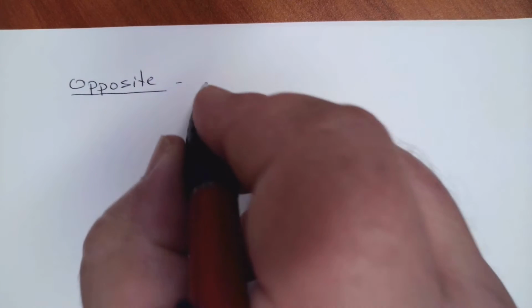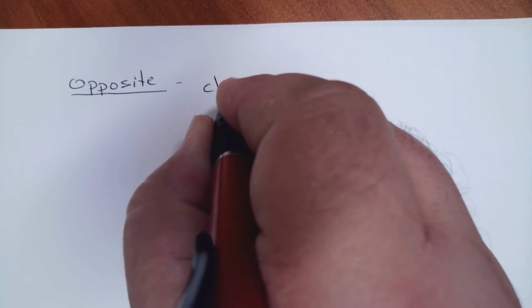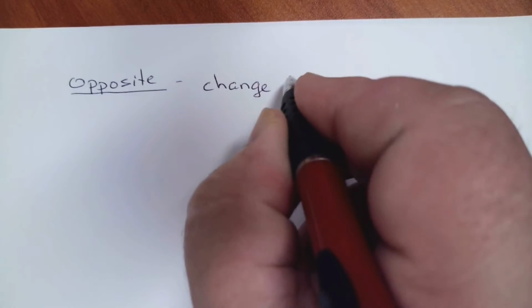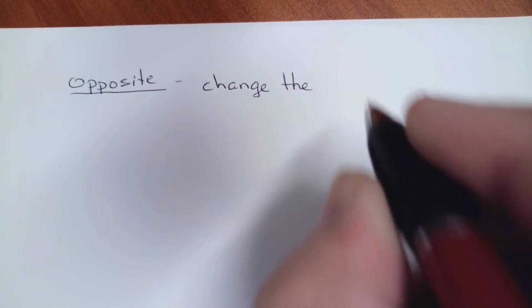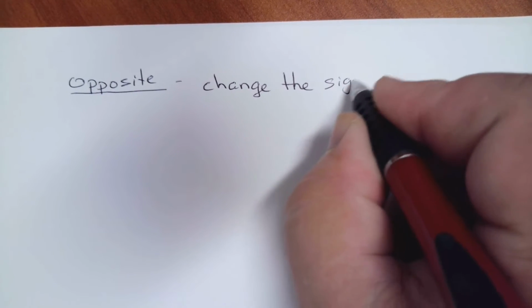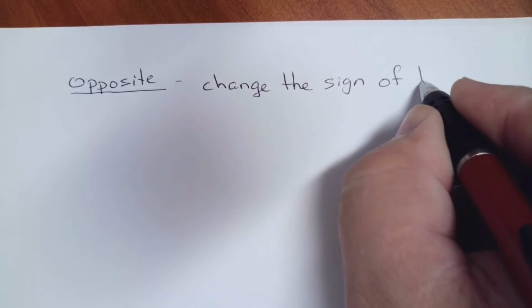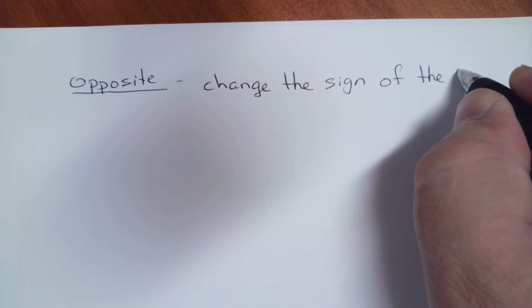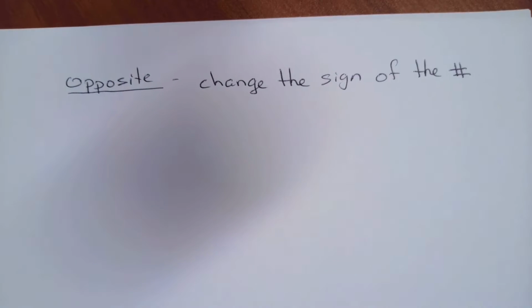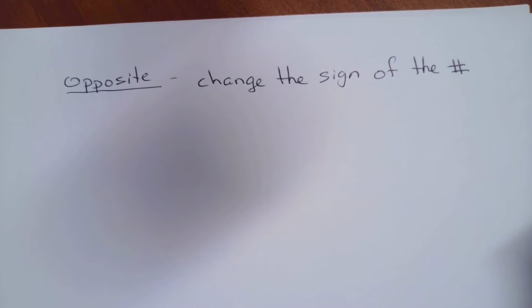What is an opposite? What does it do? Opposite is just change the sign of the number.